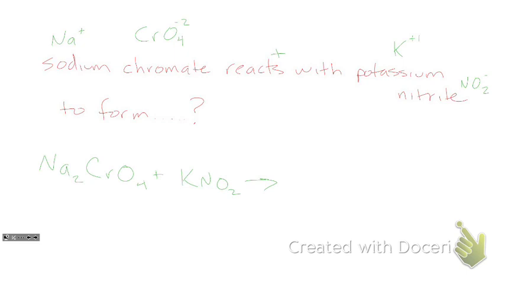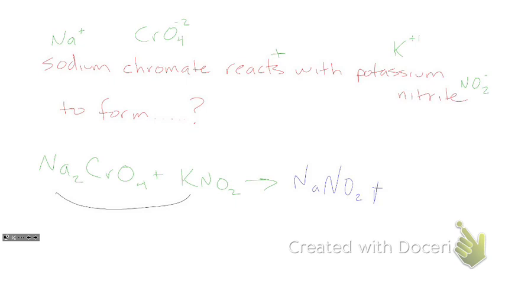So we know our cations are sodium and potassium. So those two are going to swap. Okay, so sodium is going to be going with nitrite, right? So we have Na, nitrite has a charge of -1, so NO2, okay? And what else is going to swap?